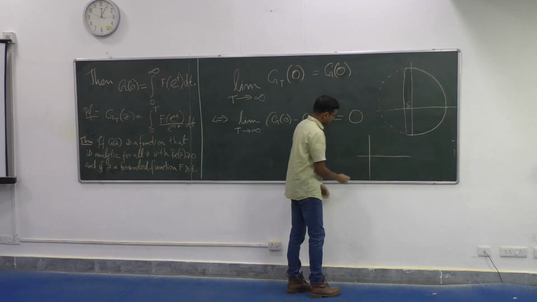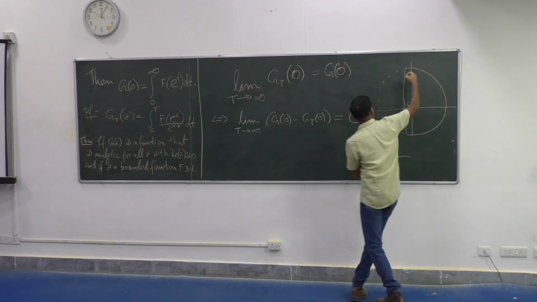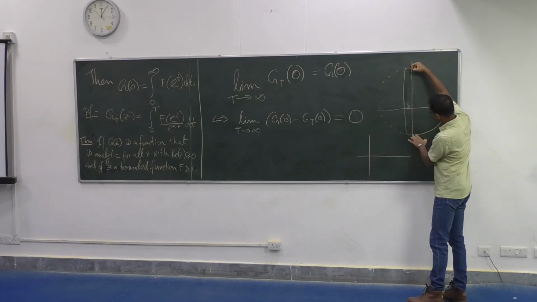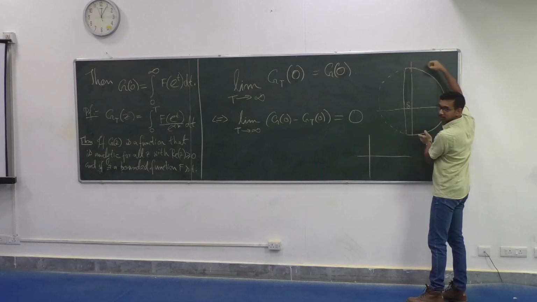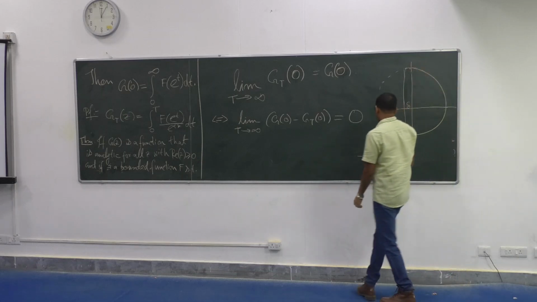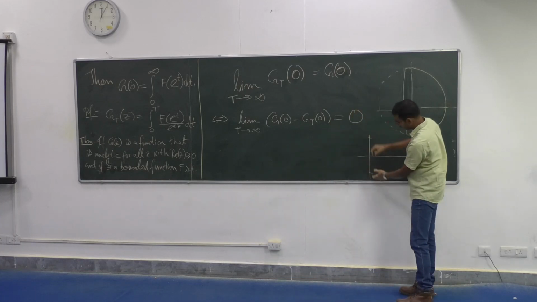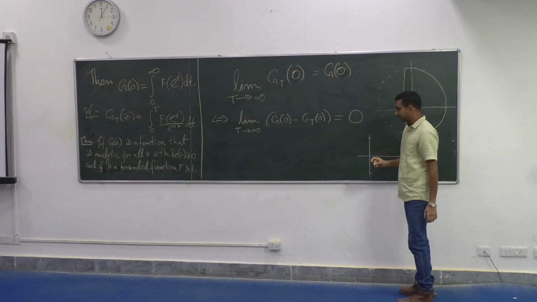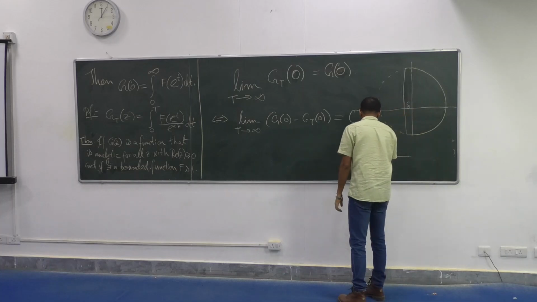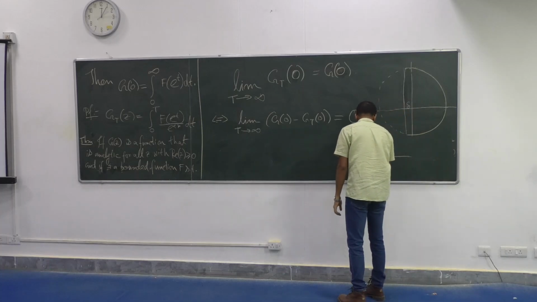Suppose we are considering only this part, the part bounded by this unit circle. You know that on this line, around every point there exists some neighborhood.